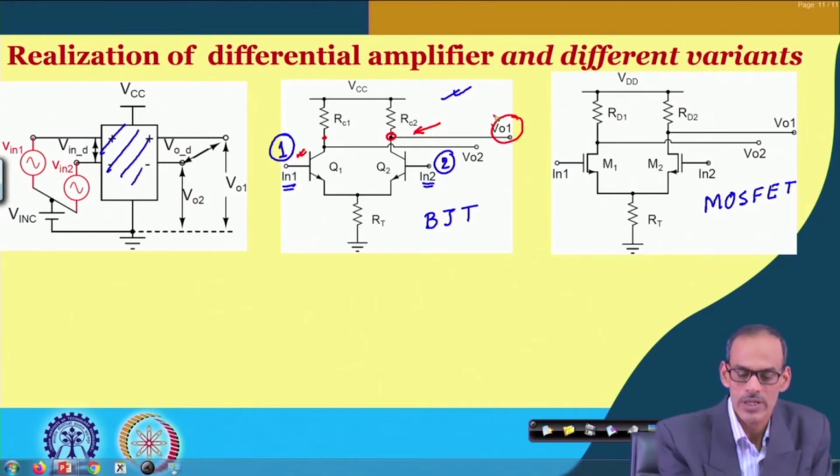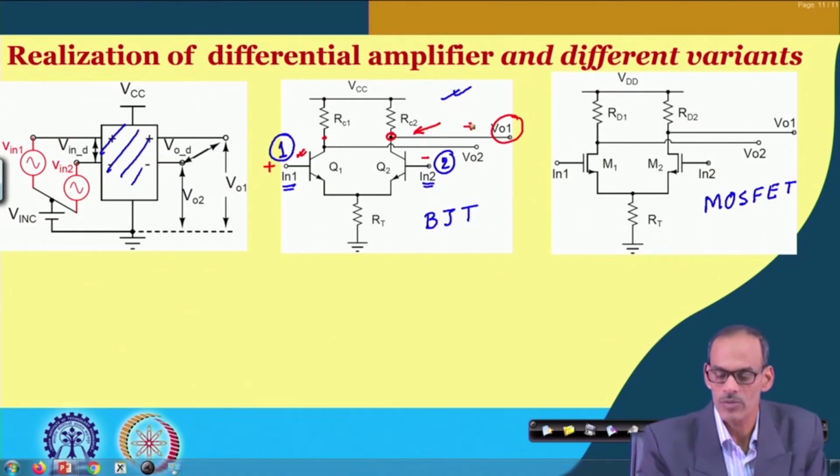Just to say that if this is the positive side of the signal and this is the negative side of the signal, the corresponding output will have this terminal showing the positive side of the output, and on the other hand this terminal will be showing the negative side of the output.